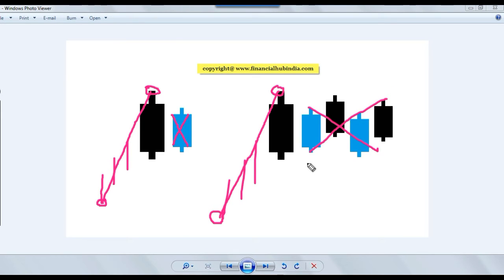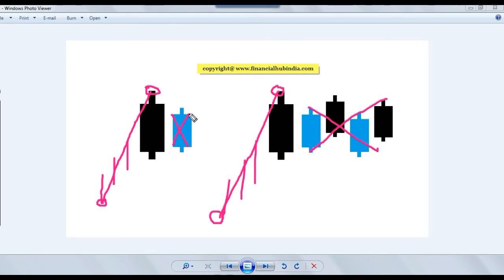These child candles will not be a part of our drawings. The reason behind it, you will understand once you understand the price action things properly later on. We'll come back to this topic again and discuss the logic behind it. For now it is information for you: we will be ignoring all the child candles.